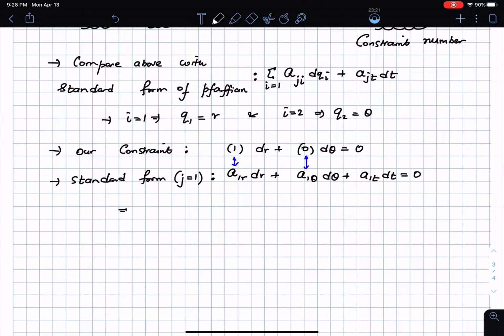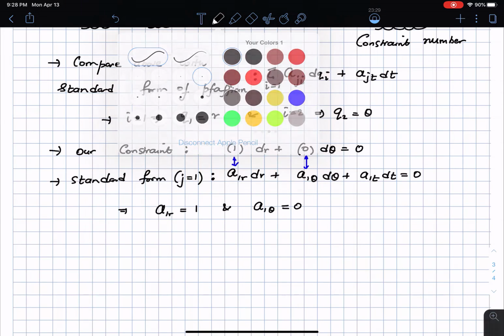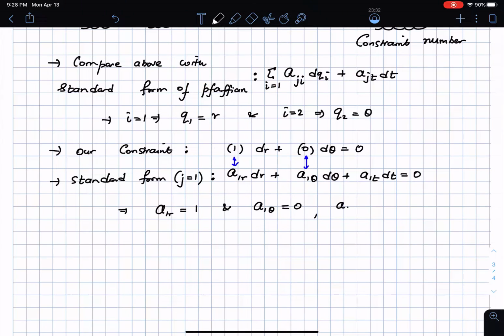So a1r is equal to 1 and a1 theta is equal to 0.